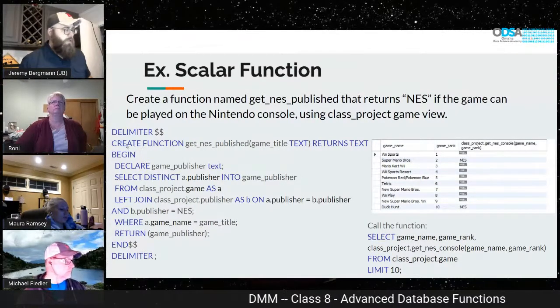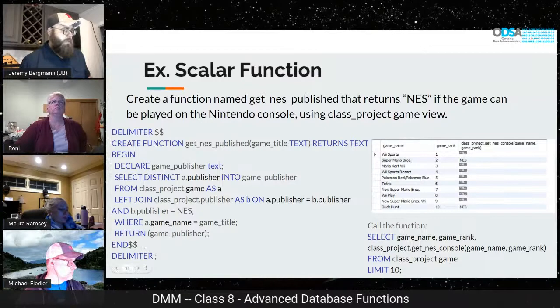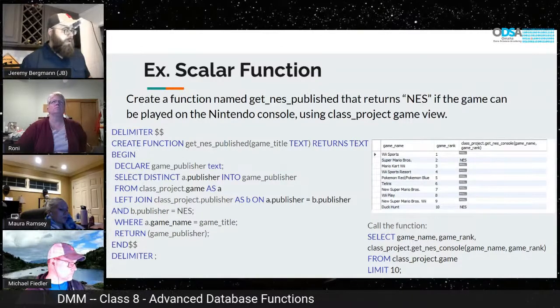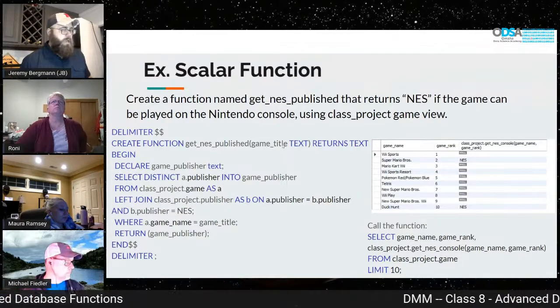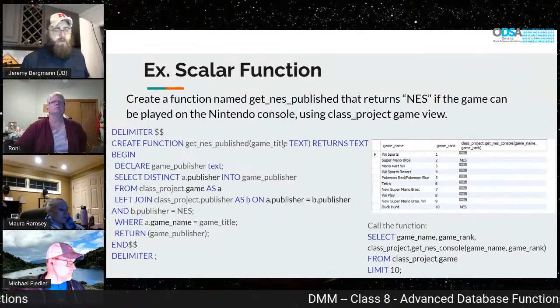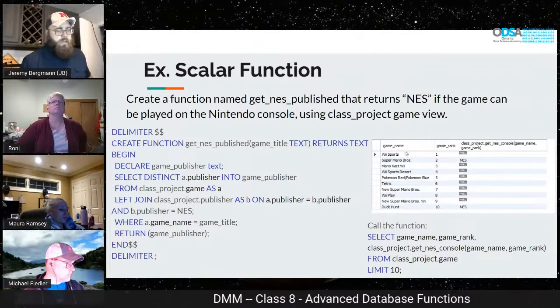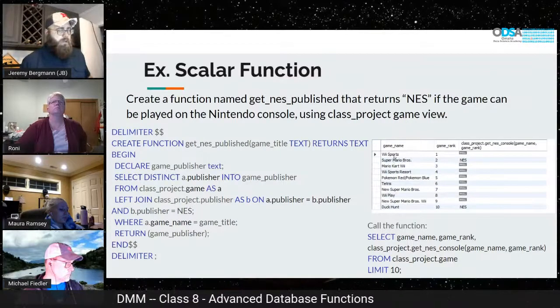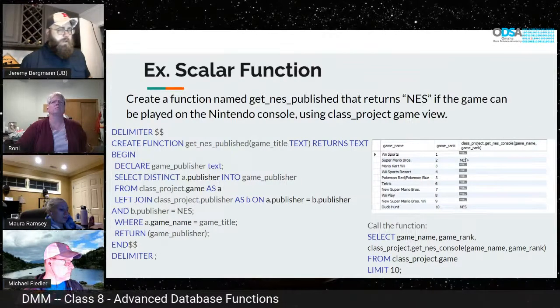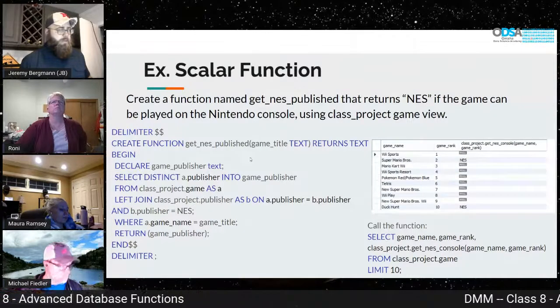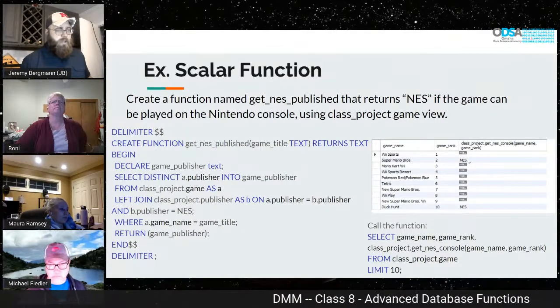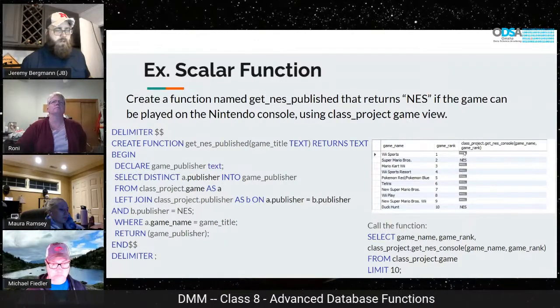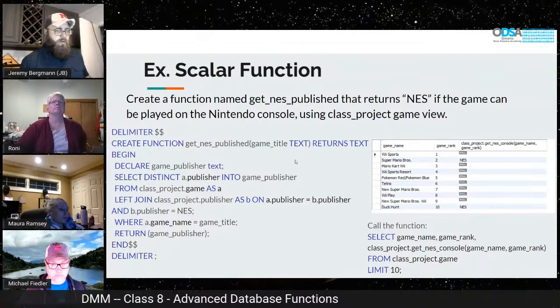So how I've done this is that I start by using the delimiters, create the function named getNESPublished. I want to send it a game title, so given a certain game title in this column, is it an NES? Can it be played on the NES console or not? And I want it to return a text value, which is what these NES values are.